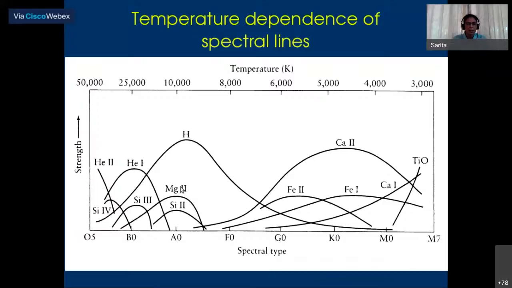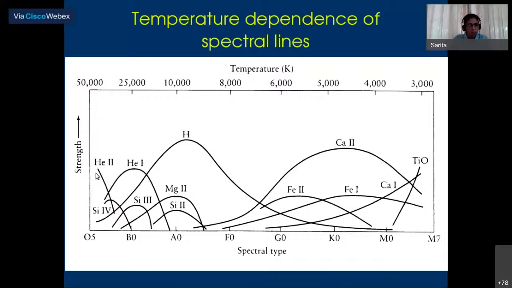That means, for example, the magnesium 2 also. When I say magnesium 2, it is singly ionized magnesium, or magnesium plus, as we have just discussed. This is silicon plus, this is silicon double plus, this is silicon 3 times plus. So here the temperatures are so high that this silicon gets triply ionized, doubly ionized, and you can see lines corresponding to them at these temperatures.